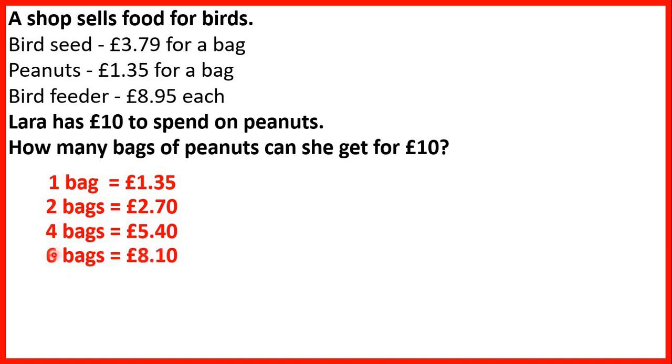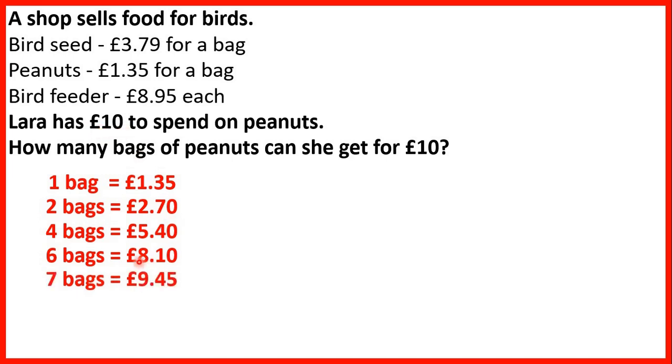We can get the cost of 6 bags by adding the cost of 2 bags to the cost of 4 bags, and £2.70 plus £5.40 is £8.10. Now, if we add another 2 bags, that would be too many. That would take us over £10.